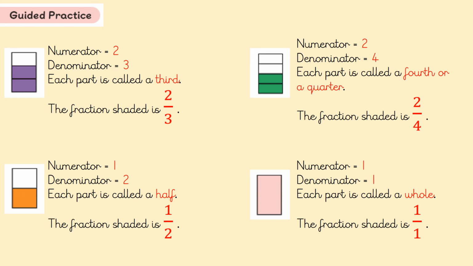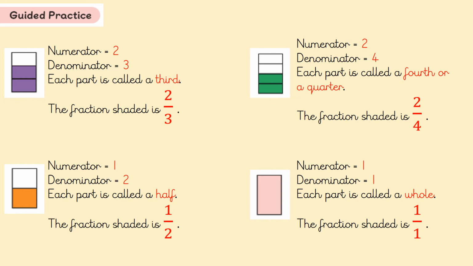We write that as 2 over 4. For the orange shape, the numerator is 1, just 1 part has been shaded in, and the denominator is 2 because there are 2 equal parts in total. Each of those parts is called a half, and the fraction shaded is a half or 1 over 2.